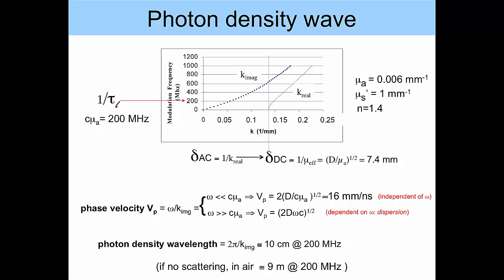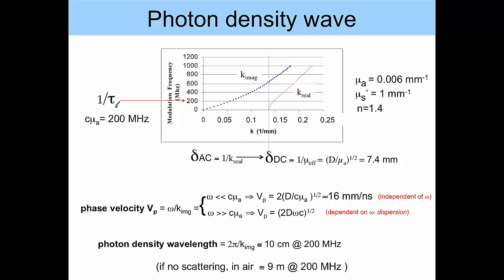So the other really interesting thing about these photon density waves is that the wavelength of the photon density wave changes. The scattering focuses the wave. So if there's no scattering, we're in air, you just modulate light at 200 megahertz, then your modulation wavelength is 9 meters.